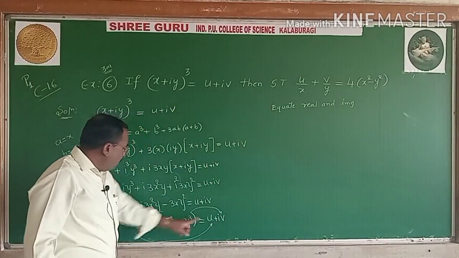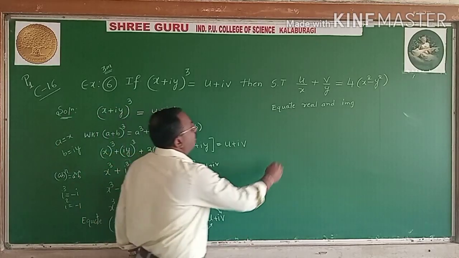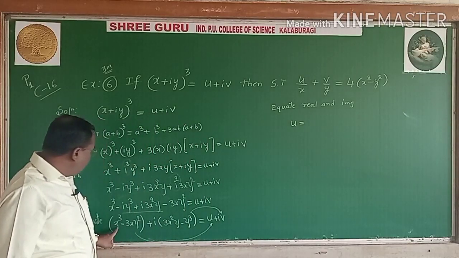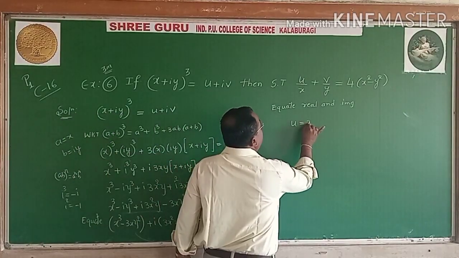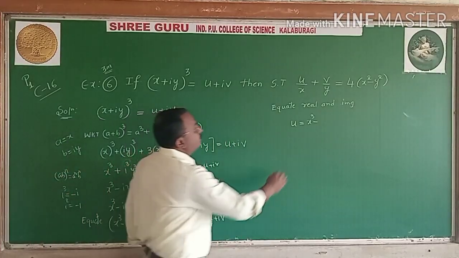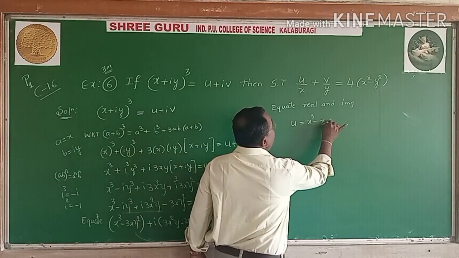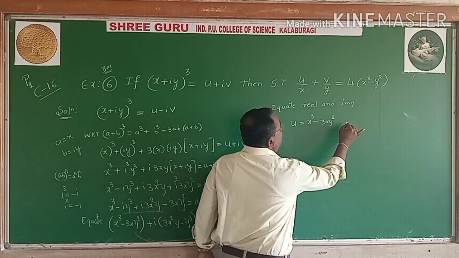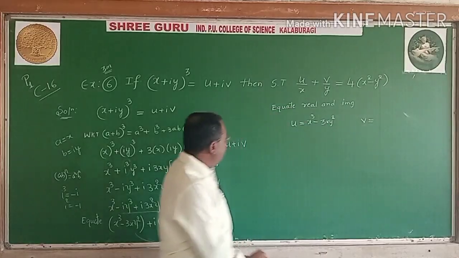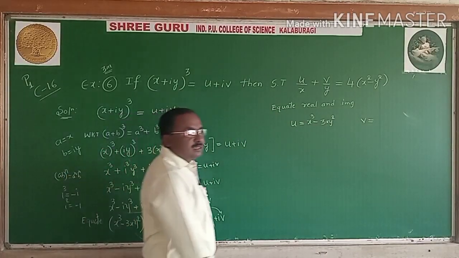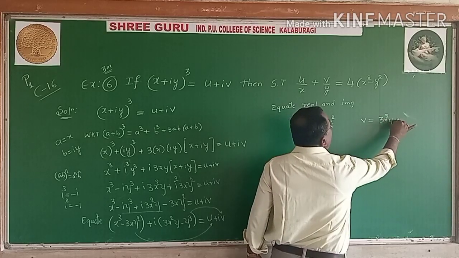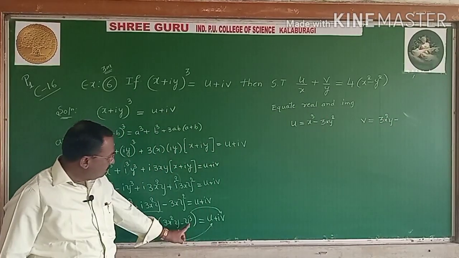That is, u is equal to x^3 - 3xy^2, and v is equal to 3x^2 y - y^3.